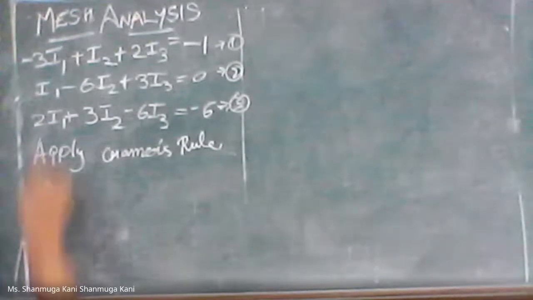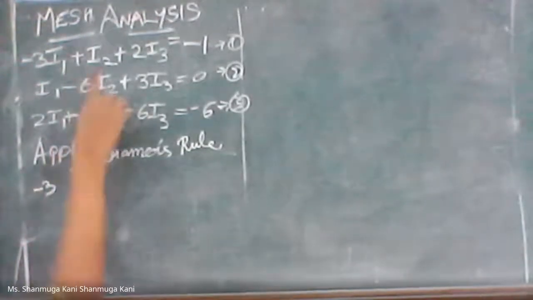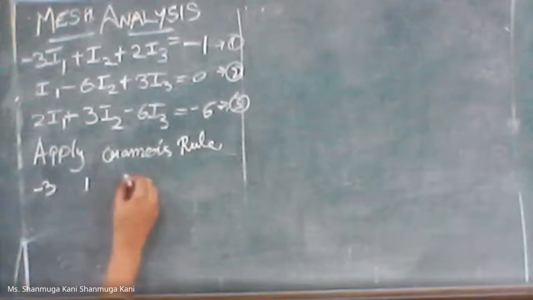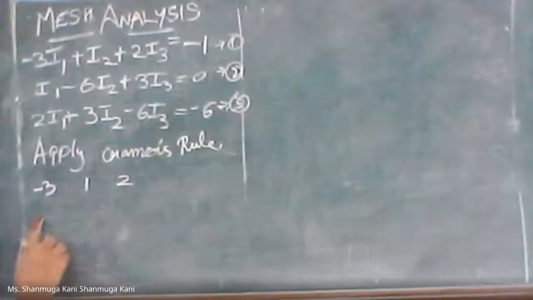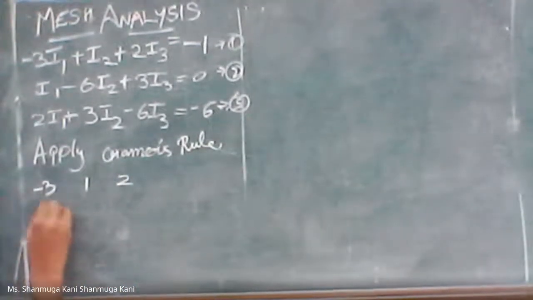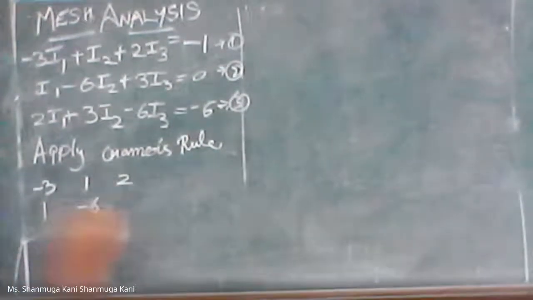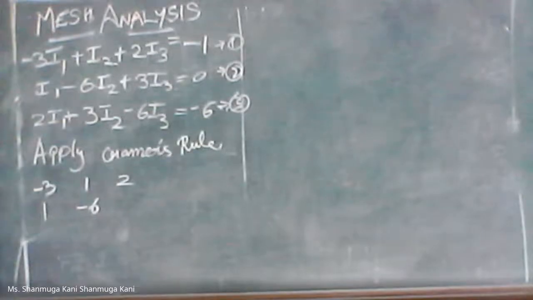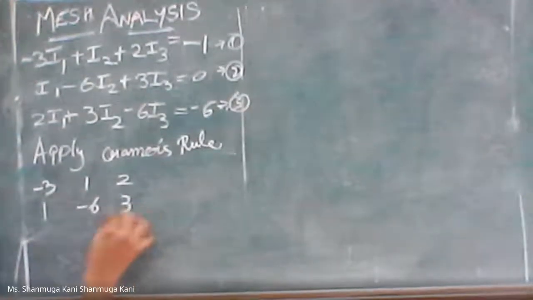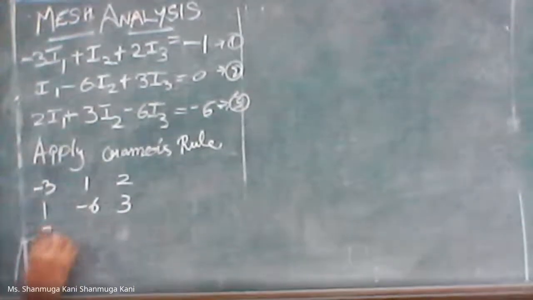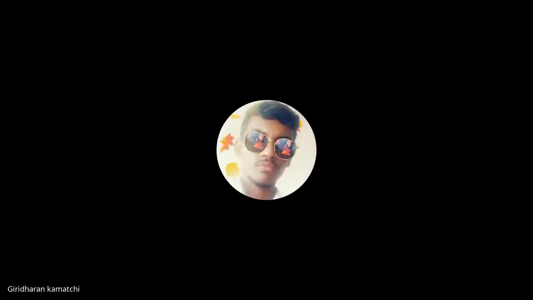The coefficients: I1's coefficient, then I2's coefficient, I3's coefficient. Then second equation, I1's coefficient is 1, I2's coefficient minus 6, I3's coefficient is 3. Third equation 2, 3, minus 6.